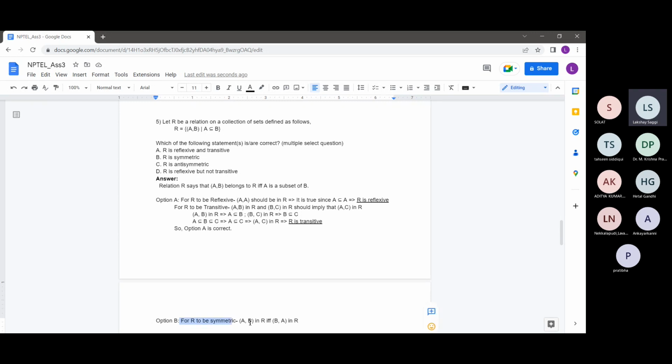So for R to be symmetric, a pair (A, B) in R if and only if (B, A) in R.